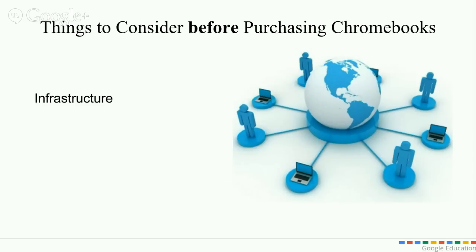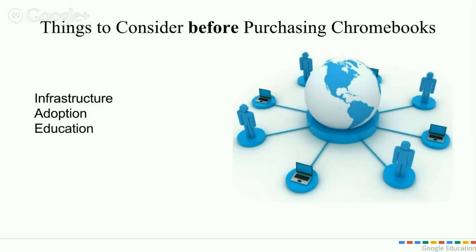We were very fortunate that we had just migrated from a wireless system that was about 5 years old to a wireless system that was comprised of access points that were 2x2 and 3x3 and were running on the N protocol. These devices have been more than sufficient to support our Chromebooks and other devices.